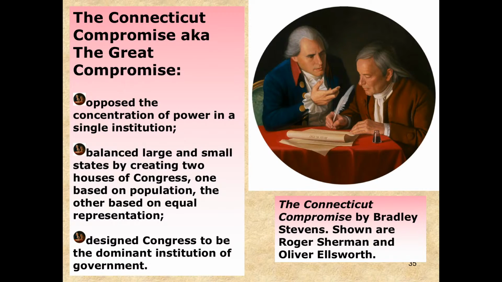So, leave it up to Connecticut. Connecticut holds things together. We got Roger Sherman, Oliver Ellsworth, and even though he's not from Connecticut, he sprinkles in a little bit of influence here, Benjamin Franklin. So here's what they come up with, this great compromise. Essentially, 3 branches of government, okay?